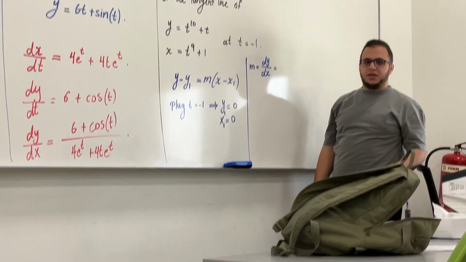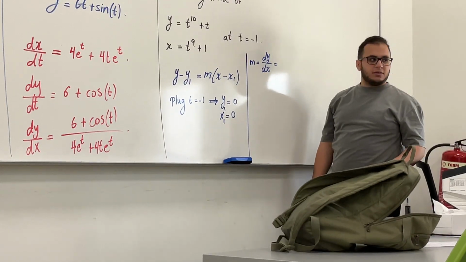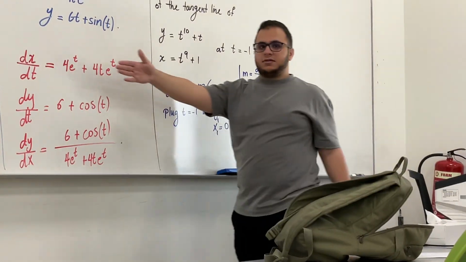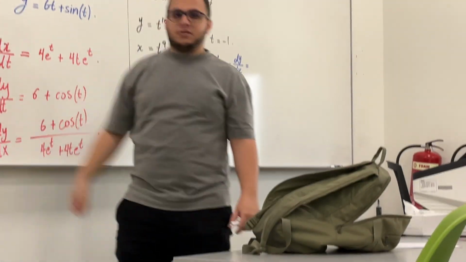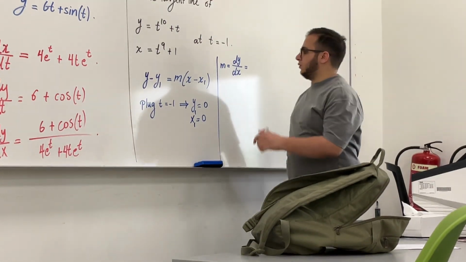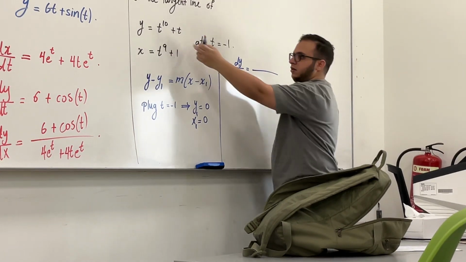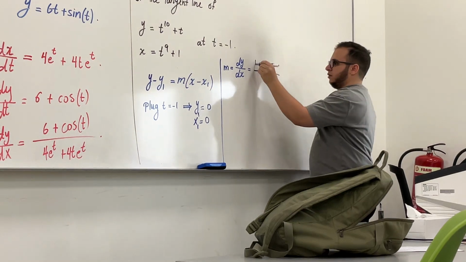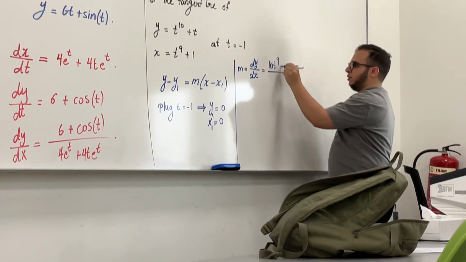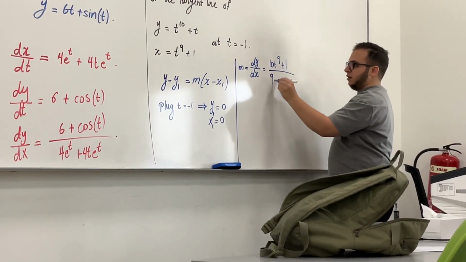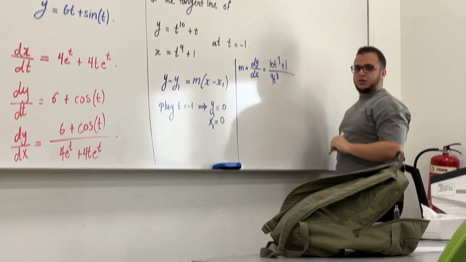How do I find dy/dx? dy/dt, go to y, differentiate it with t. 10 t to the power 9 plus 9 t to the power 8, and that's it.